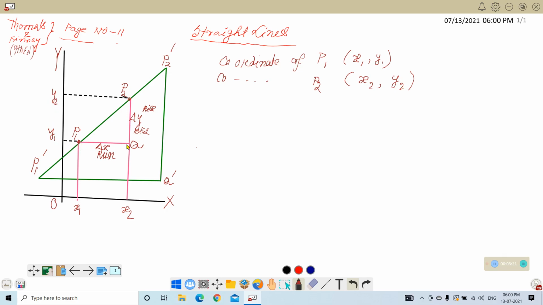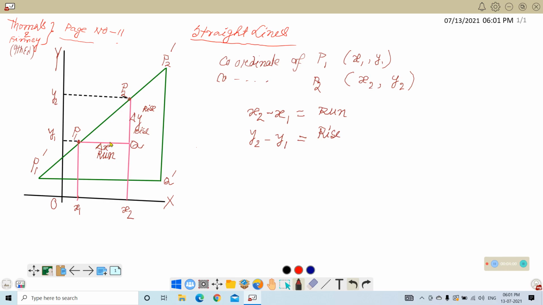Now from x1 to x2, this distance is known as run. So x2 minus x1 is denoted as run, and y2 minus y1, that particular distance, is denoted as rise.